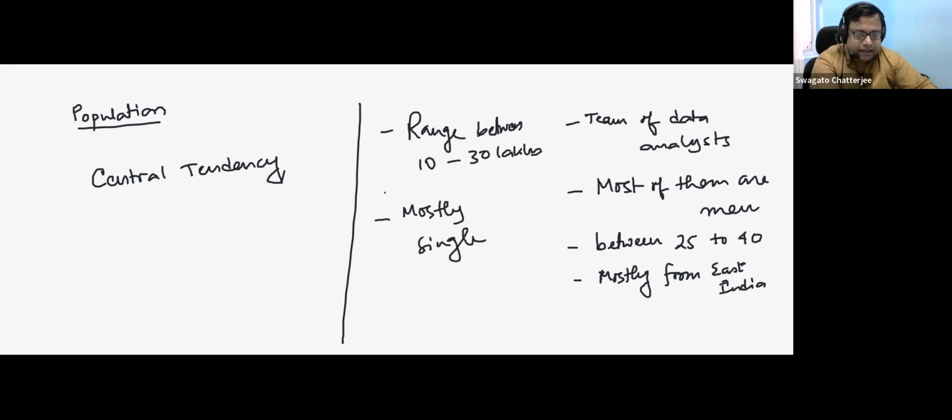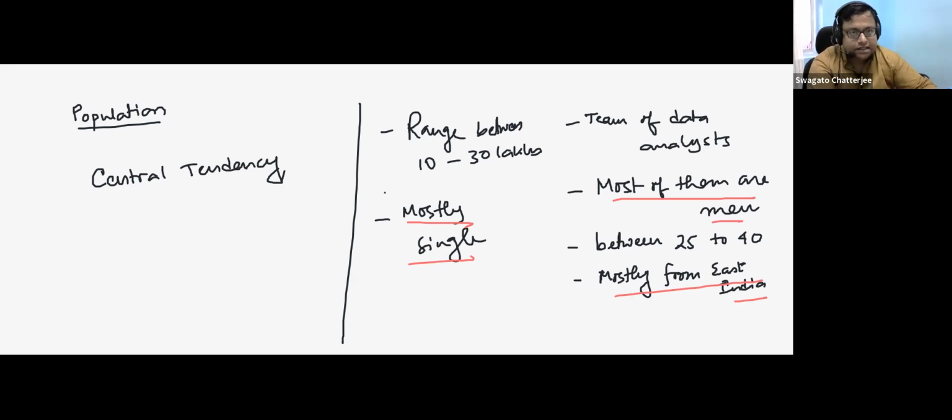So you see how he is describing his group, and what is the description that is coming up? Let's talk about that a little bit. Most of them are men, mostly single, most from East India. We're using a term called most, and the variables are the gender, the marital status, the domicile.